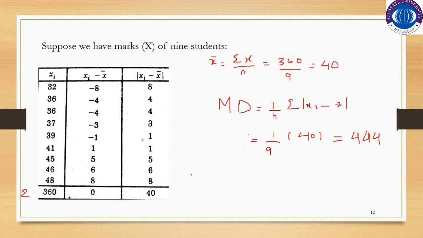The coefficient of mean deviation is 4.44 divided by the mean, as you have used the x bar, which is 40, which is 11.11.